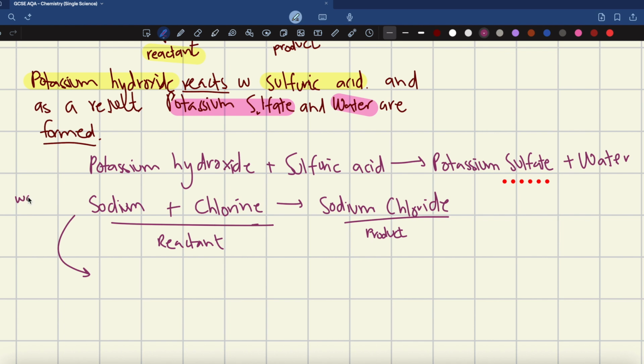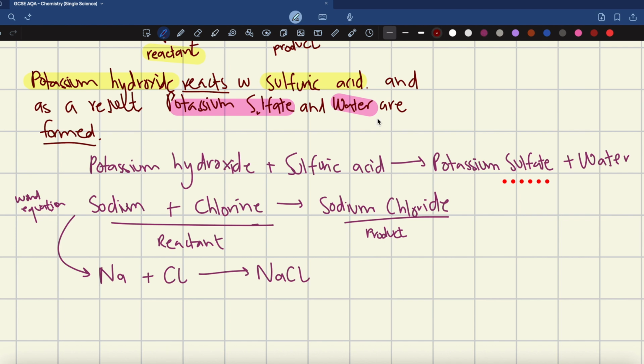And if I was to write the chemical equation for this, I'm going to refer to the periodic table. The periodic table tells me that the chemical symbol for sodium is Na, and for chlorine it is Cl, and they're together going to form NaCl.